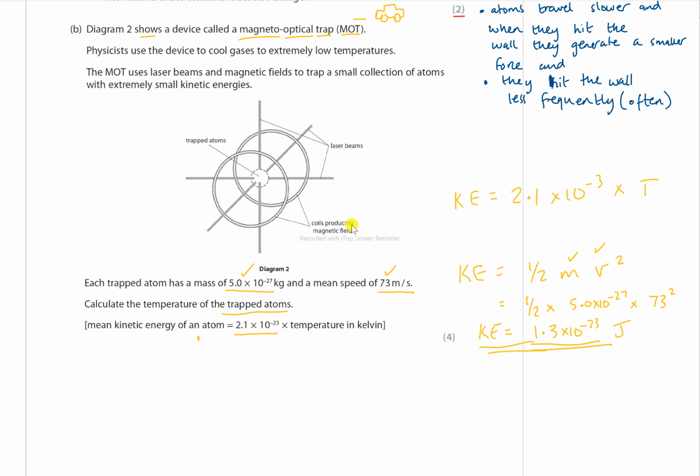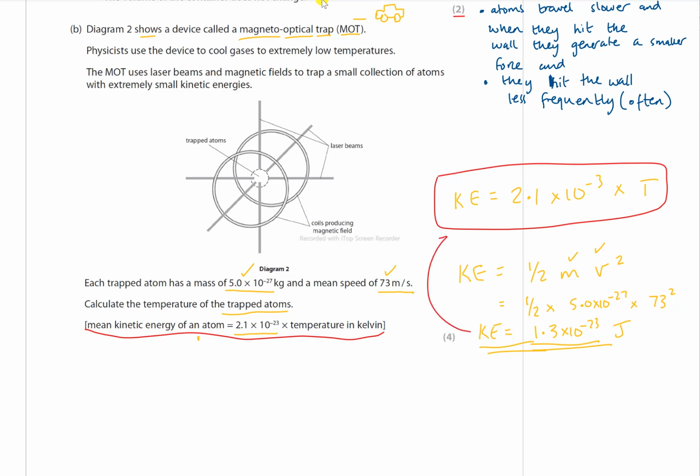Now, look. Now that they've given you this here, what we're going to do is substitute that back into there, and we just then work out the temperature in Kelvin. So we know 1.3 times 10 to the minus 23 equals 2.1 times 10 to the minus 3 times temperature.